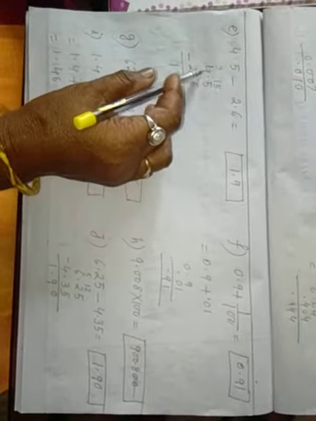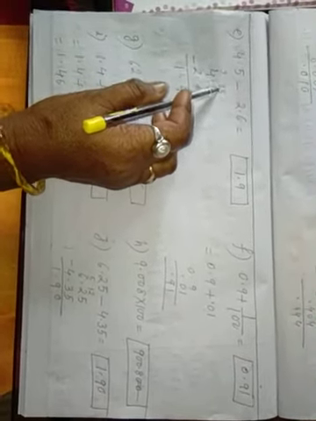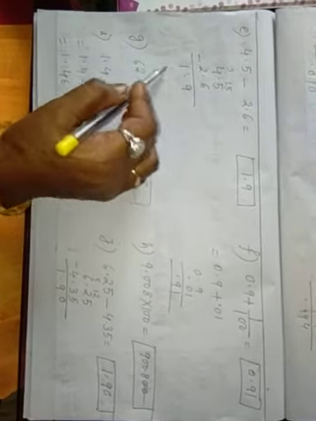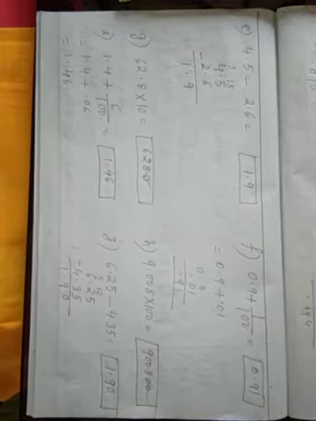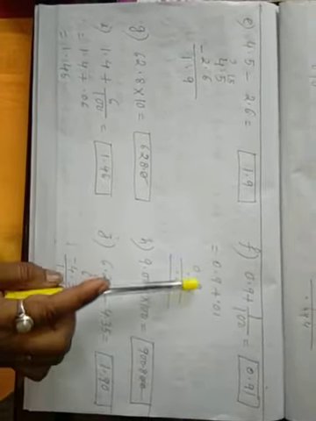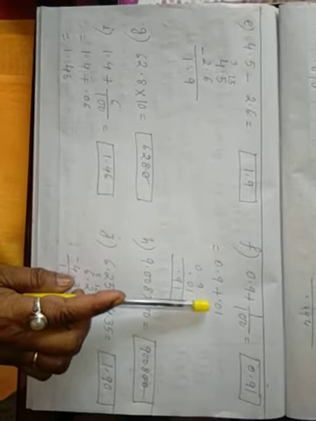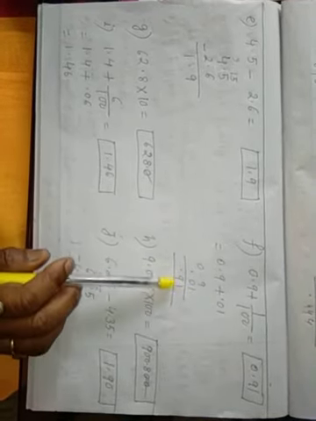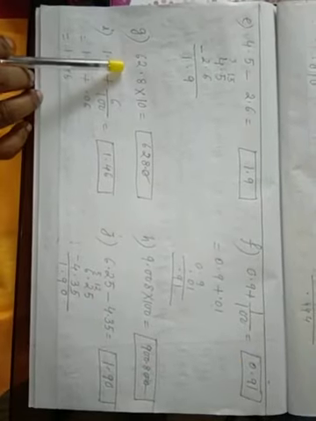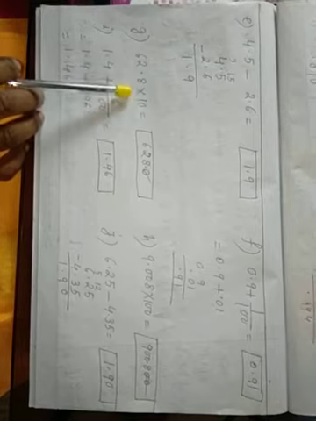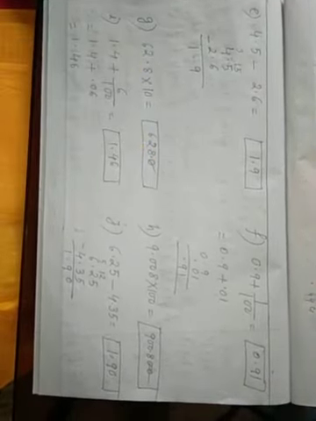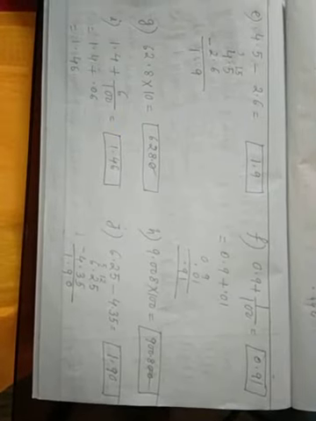15 से 6 चला गया तो 9 हुआ, 3 से 2 चला गया 1.9. Okay. F, 0.9 plus 1 by 100, 0.9 plus 0.01, that is 0.91. G, 62.8 into 10, that is 628.